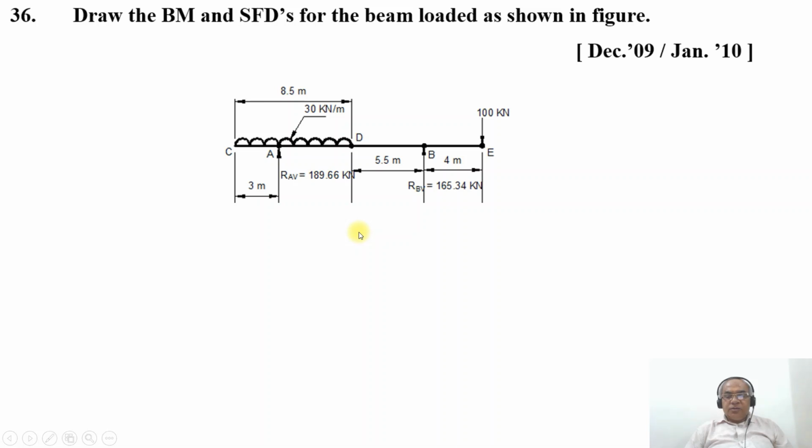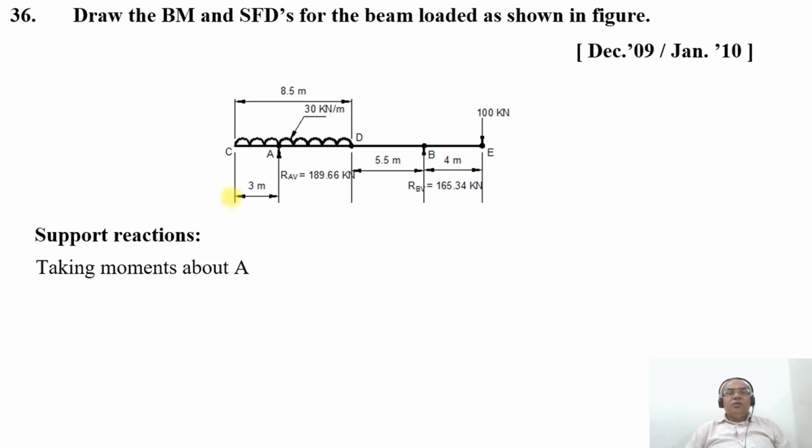Now to find the support reactions, we first take moments about the point A. Taking moments about A, we get RBV into 11, because here we have 5.5, and from here it is 8.5 minus 3, which is 5.5. So 5.5 plus 5.5 becomes 11.